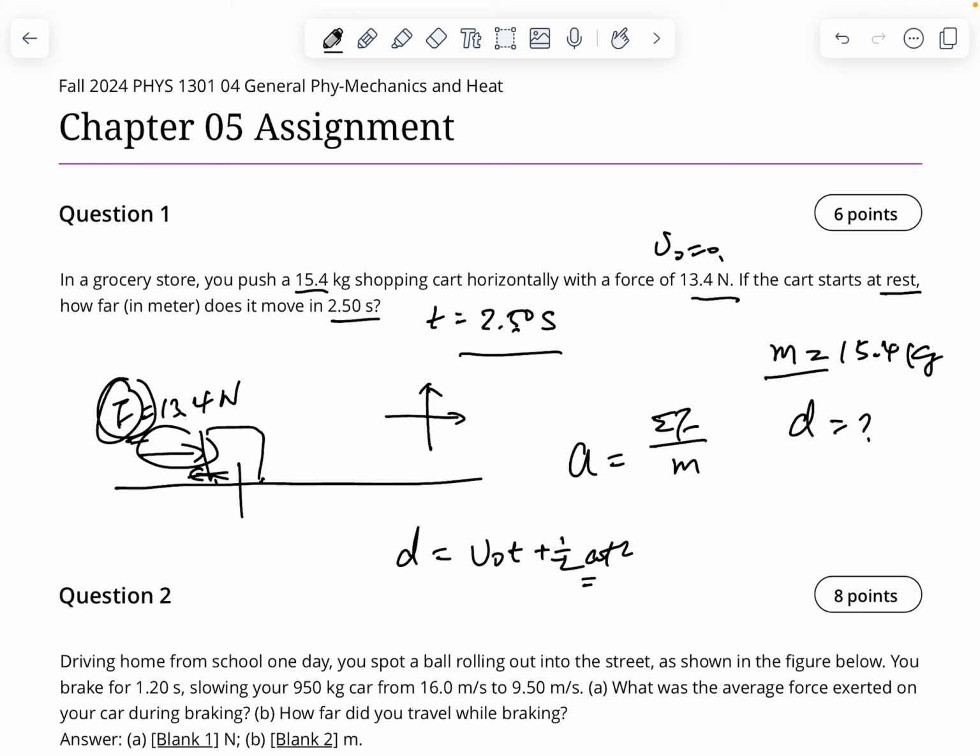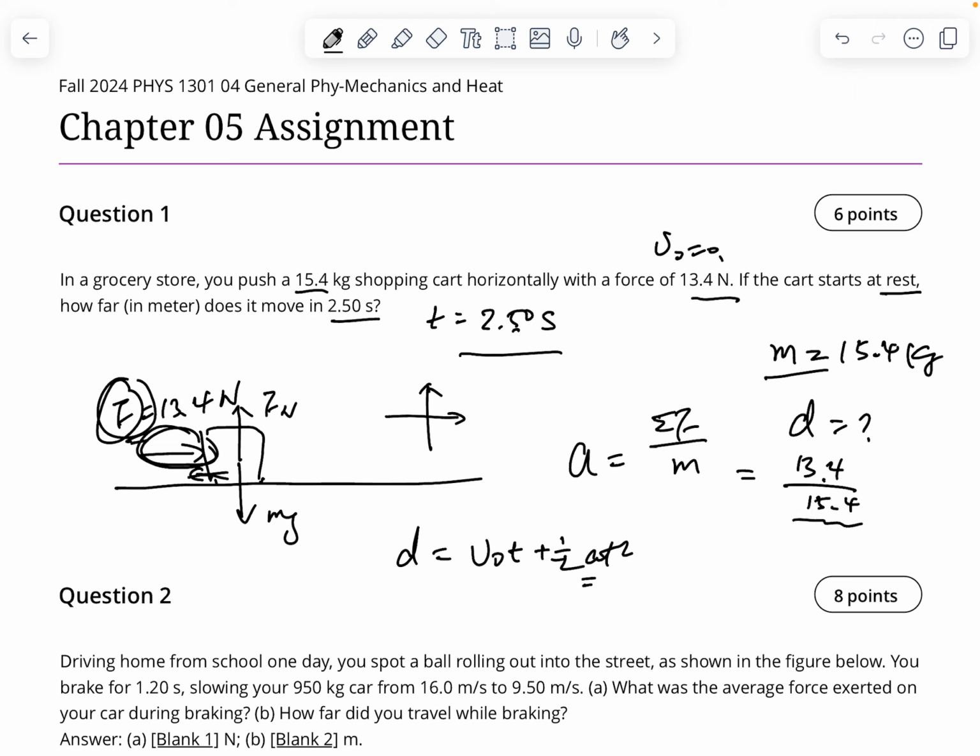In the y-axis, you have a weight and also a normal force, but in the y-axis, it is balanced. So the only force in the x-axis is the applied force, so acceleration equal to net force in x-axis divided by mass, right? So equal to net force 13.4 divided by mass 15.4. And this is your acceleration.